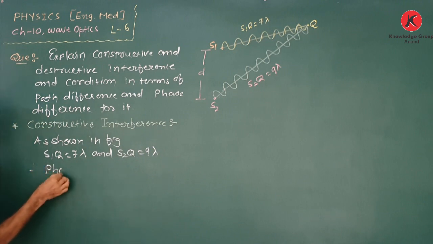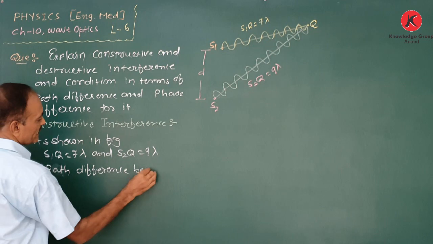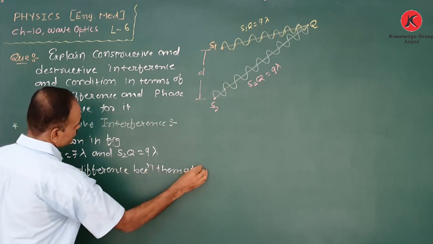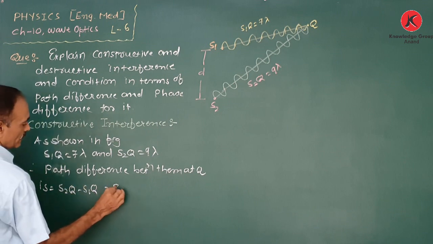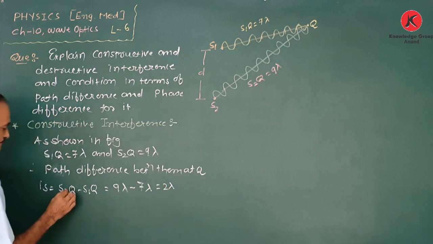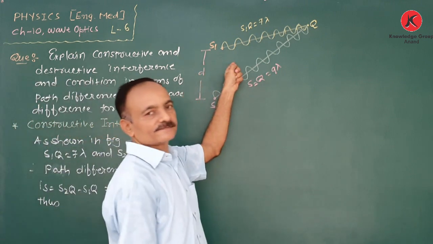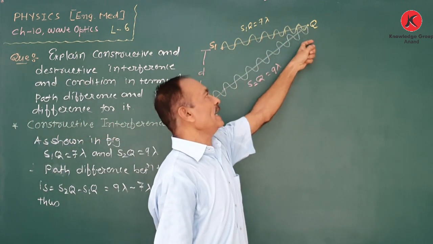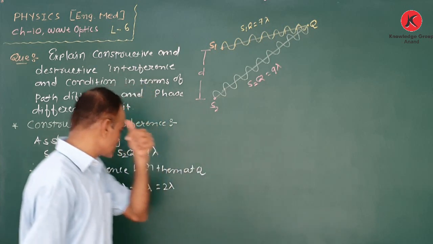Therefore, the path difference between them at Q is S2Q minus S1Q, that is, 9 lambda minus 7 lambda, which is equal to 2 lambda. Thus, waves from S1 arrive at Q 2 cycles earlier than waves from S2.